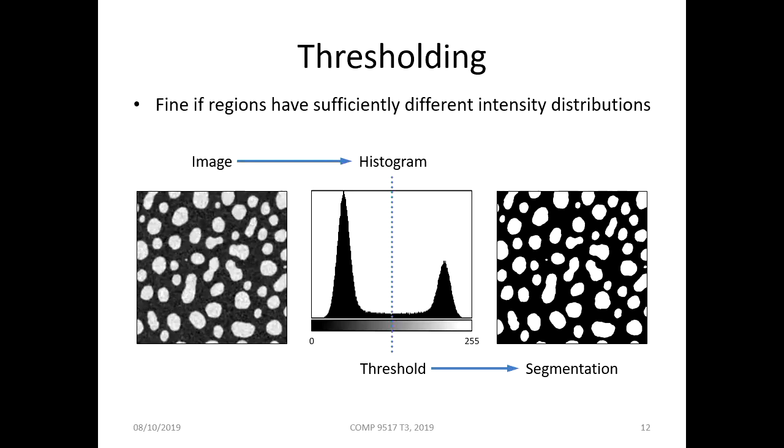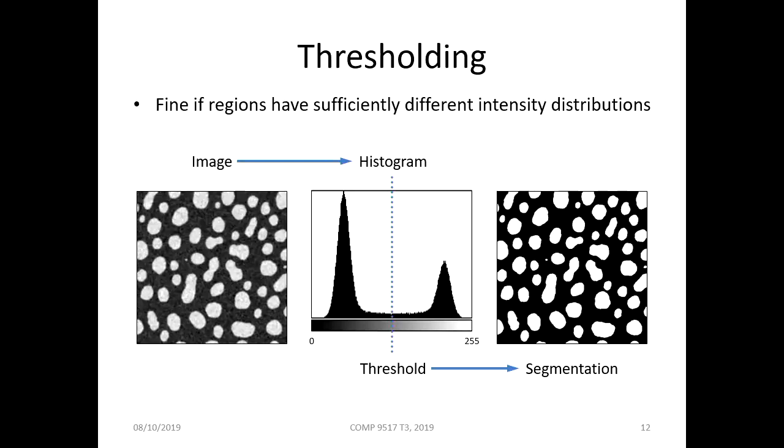Okay. This works in images where, if you look at the intensity distribution, the histogram, the histogram must be at least bimodal, meaning it must have 2 modes, 2 peaks, corresponding to the intensity ranges or distributions of the object versus the background. Or if you have different types of objects, they must also be well separated by different modes of the histogram.